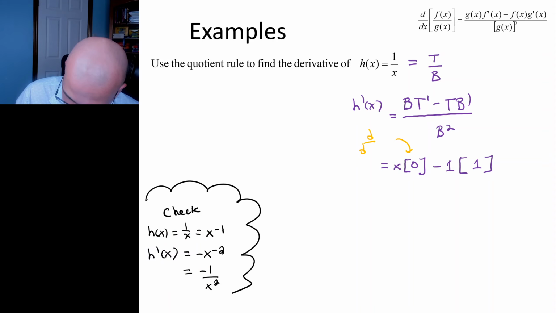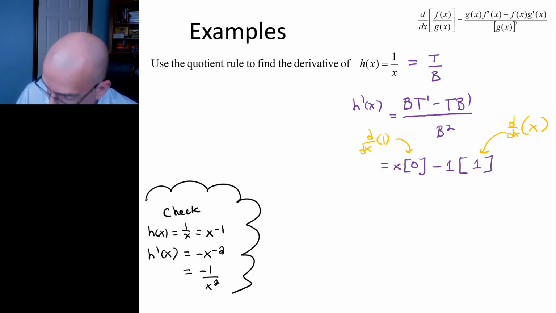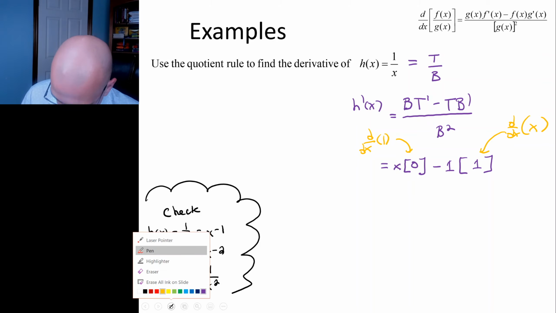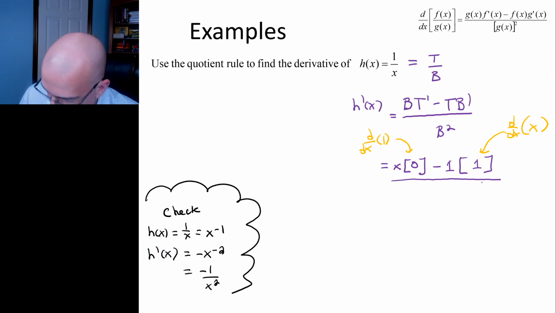D by dx of 1 went there, and d by dx of x went there. All divided by the bottom squared, which is x all squared. Okay, we simplify. 0 minus 1 over x squared, which is minus 1 over x squared. It's the same.